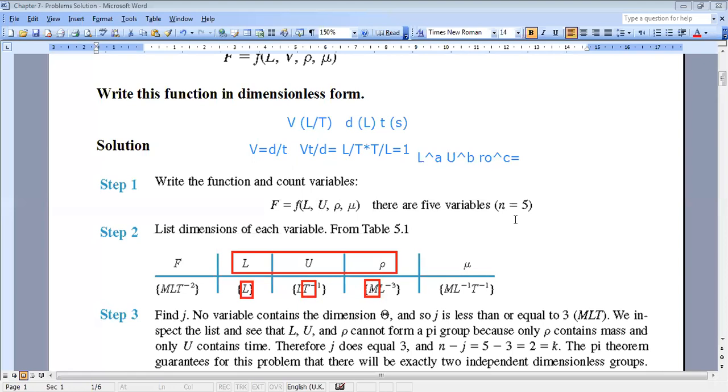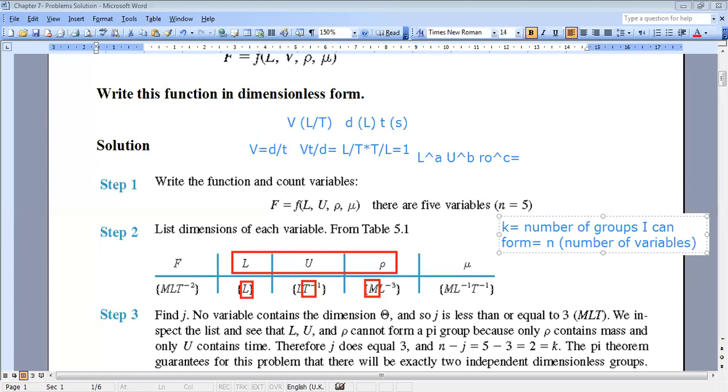The theorem says the number of groups I can form, K, which represents the number of groups I can form between the variables, is equal to n, the number of variables, minus j. What does j represent?